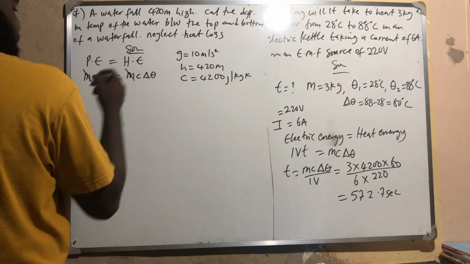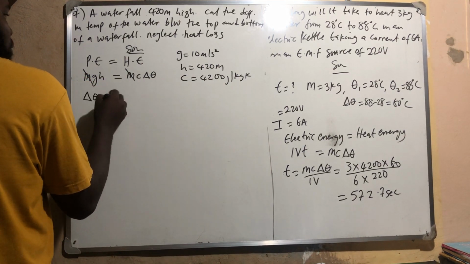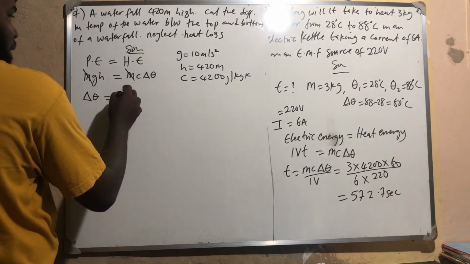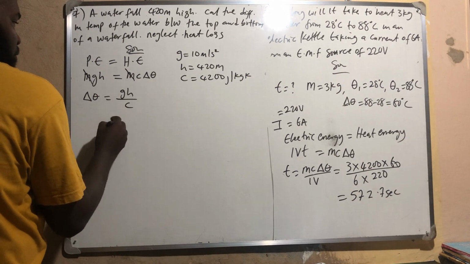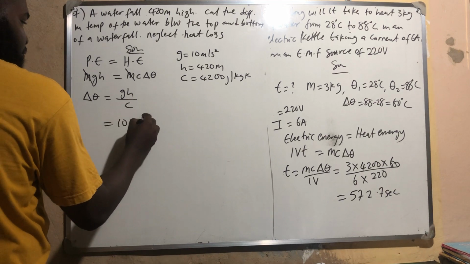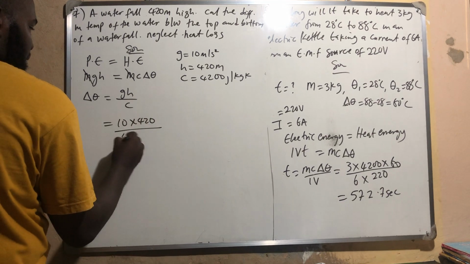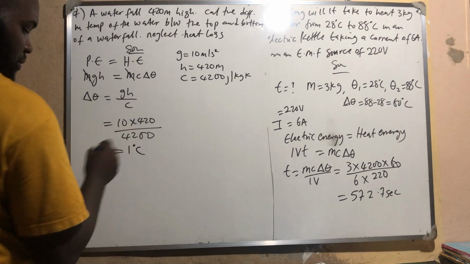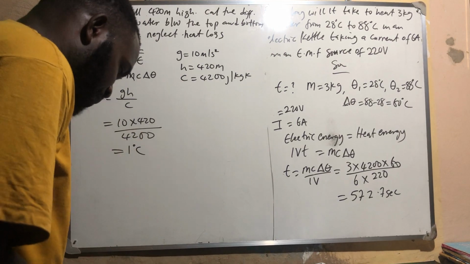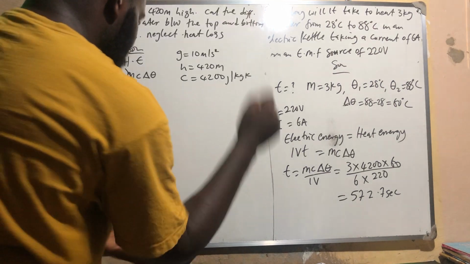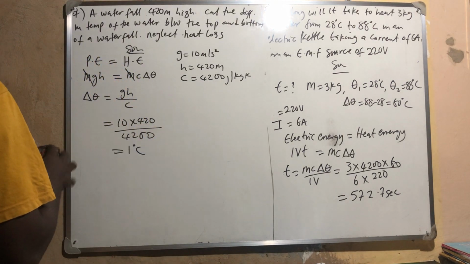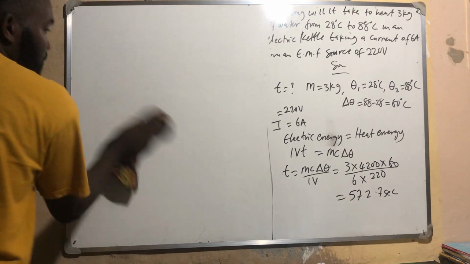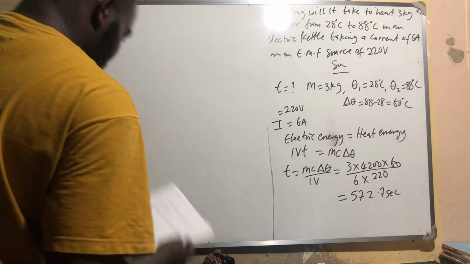So change in temperature, which is the difference in temperature, if you make this the subject, you have GH over C. That is 10 times 420 divided by 4200, which is 1 degree Celsius. Or sometimes you say it's 1 Kelvin, anyone you like, depending on what you see in the option.